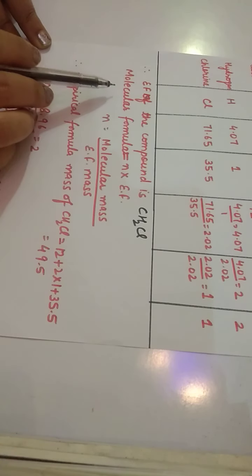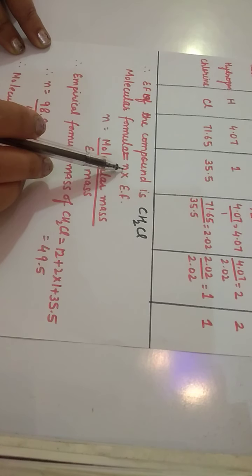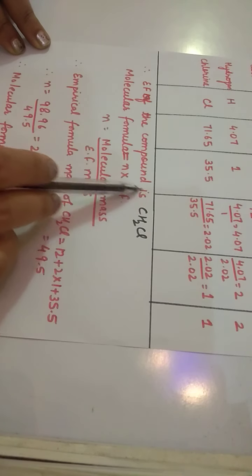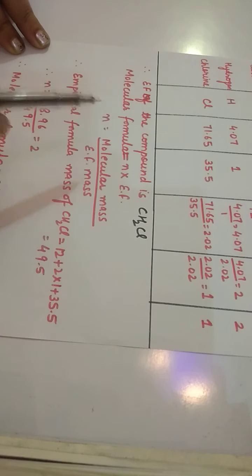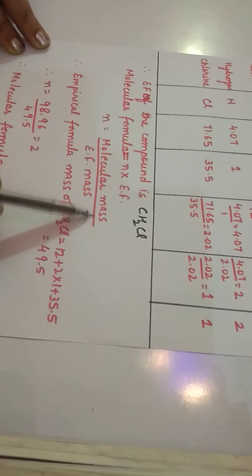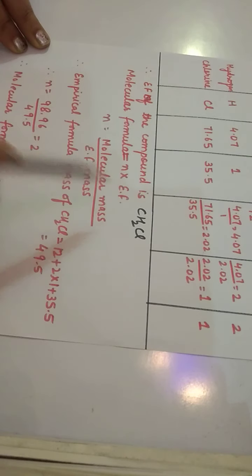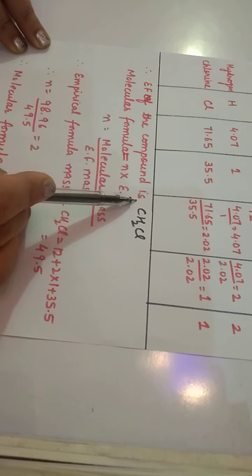Now we know that molecular formula is equal to n into empirical formula. Empirical formula we have just calculated, and to find out the value of n, the formula is molecular mass upon empirical formula mass. Now children, what is empirical formula mass? Empirical formula mass is calculated for the empirical formula.